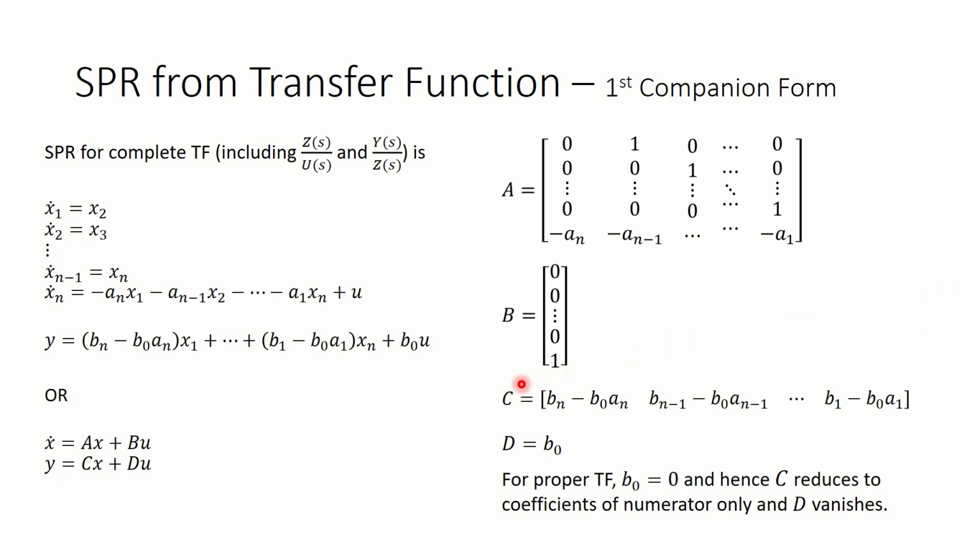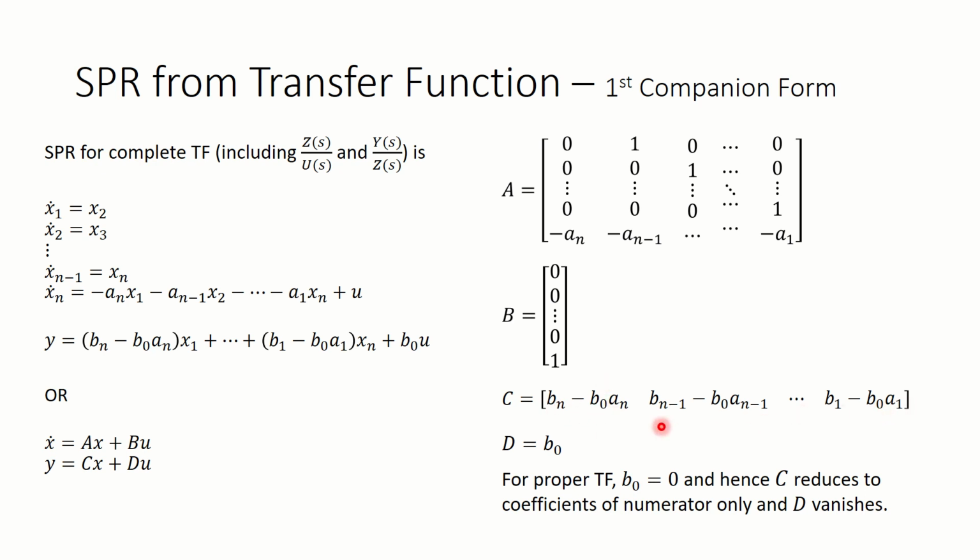So this is C here, and you see that previously the C was 1 0 0 0 0. Now all these coefficients have come here and occupied the places, and D has become b0. Now there is a comment that for a strictly proper transfer function, b0 will be 0, and hence this C will reduce to only the coefficients of the numerator.